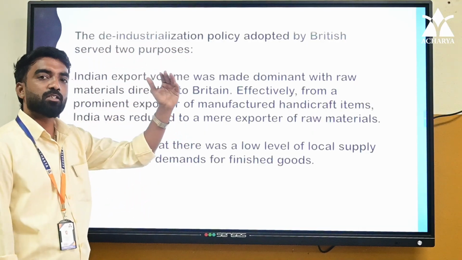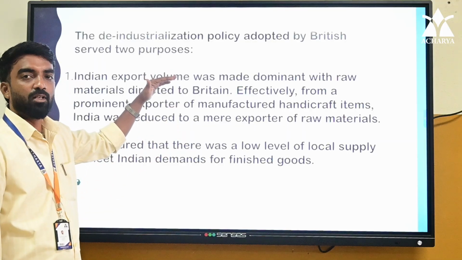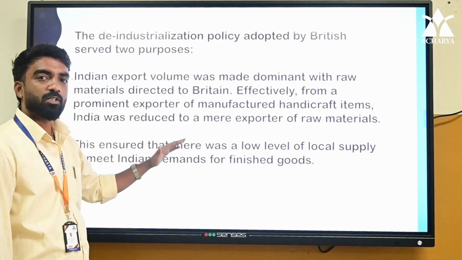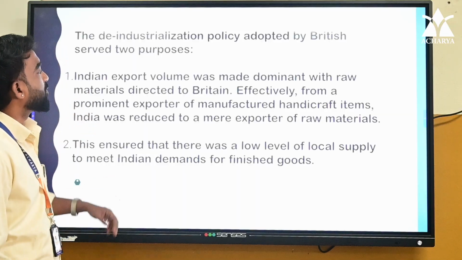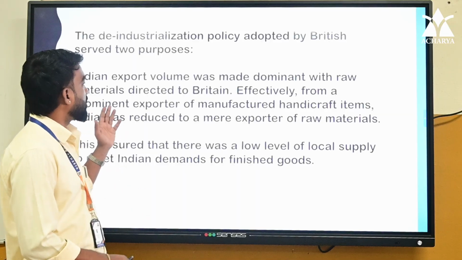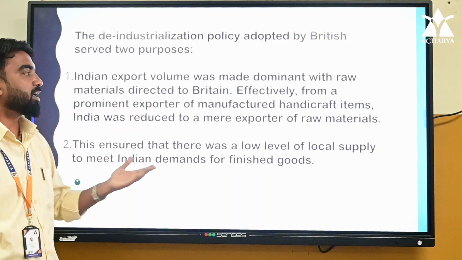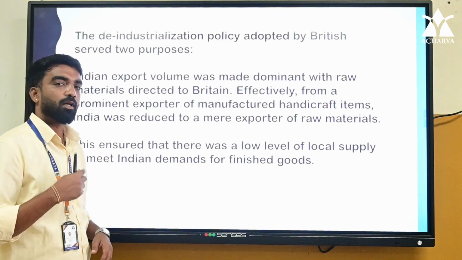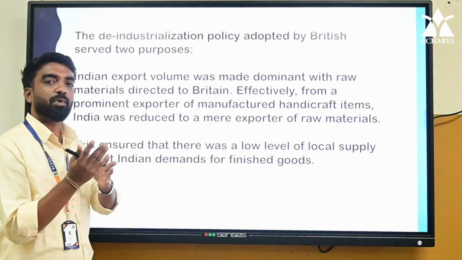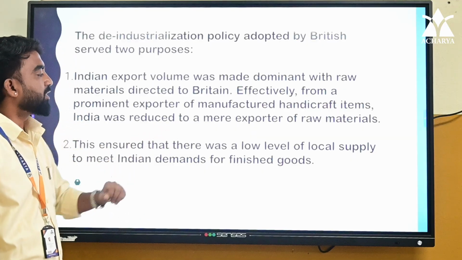Meaning the handicraft industry was doing well in India, and they reduced it to a lower level, or it declined. Indian export volume was made dominant with raw materials directed to Britain, and it imported from Britain to India only finished goods.